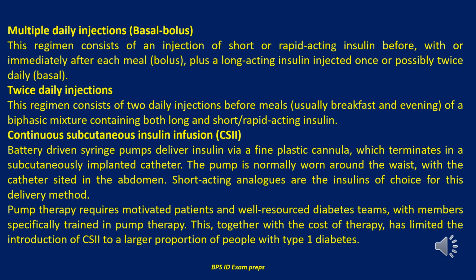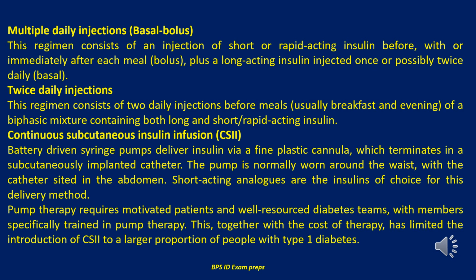And now we will move on to continuous subcutaneous insulin infusion, abbreviated as CSII. Battery-driven syringe pumps deliver insulin via a fine plastic cannula, which terminates in a subcutaneously implanted catheter. The pump is normally worn around the waist, with the catheter sited in the abdomen.